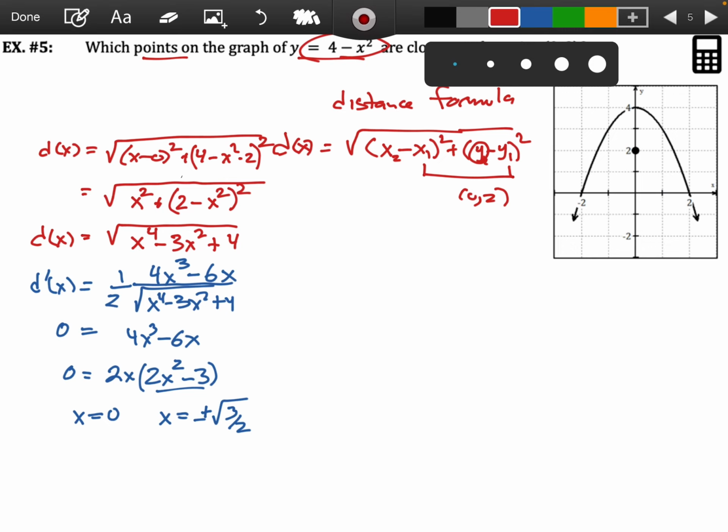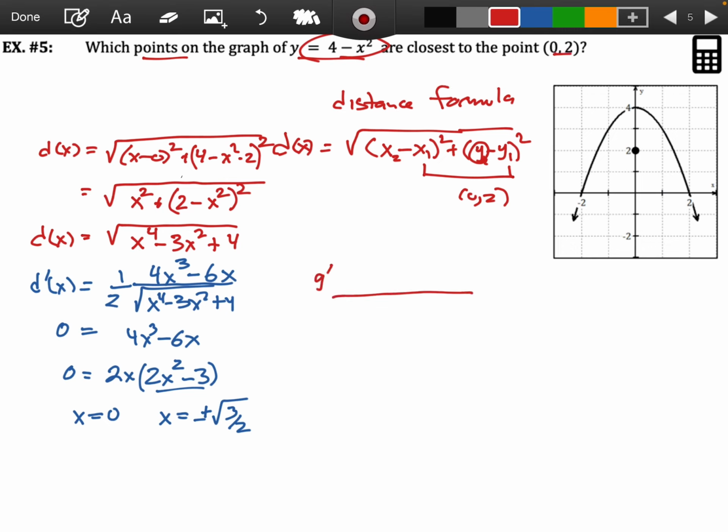But if you wanted to test it out, you graph your derivative test, and again, you pick a number that's less than negative square root of 3 over 2, greater than square root of 3 over 2, and between 0 as well. And when we plug in a value, we get a negative value.